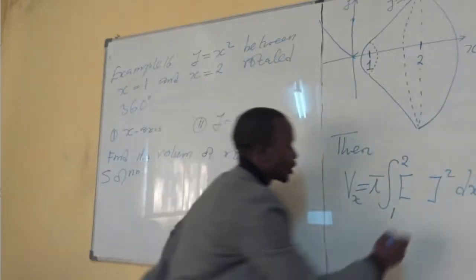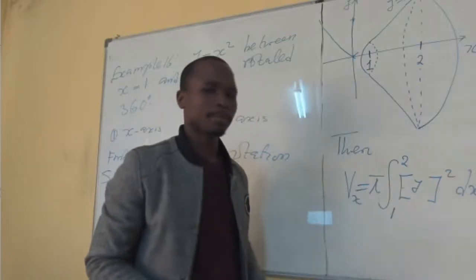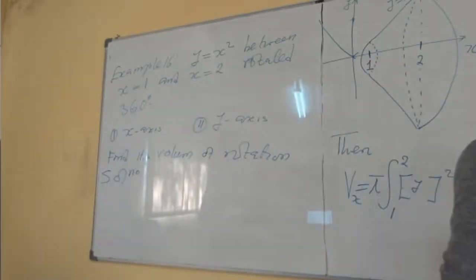Our function is y, so this is equal to pi times the integral from 1 to 2 of x squared dx.